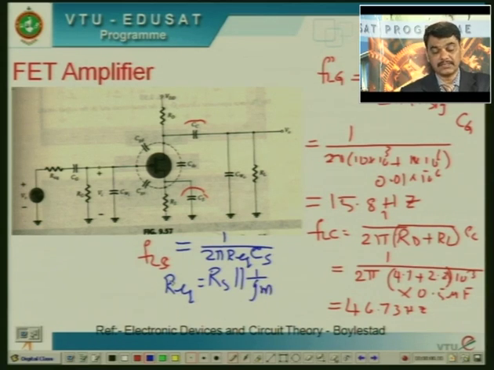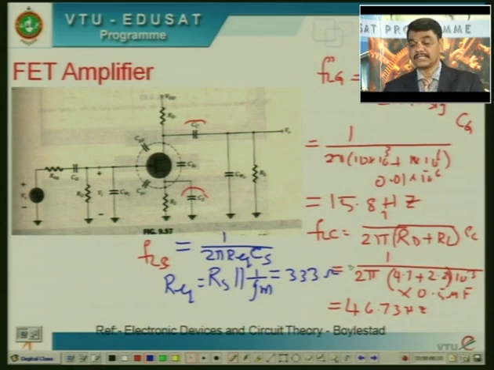If you substitute RS equal to 1K and gm equal to 2 millisiemens, this leads to approximately 333.3 ohms.